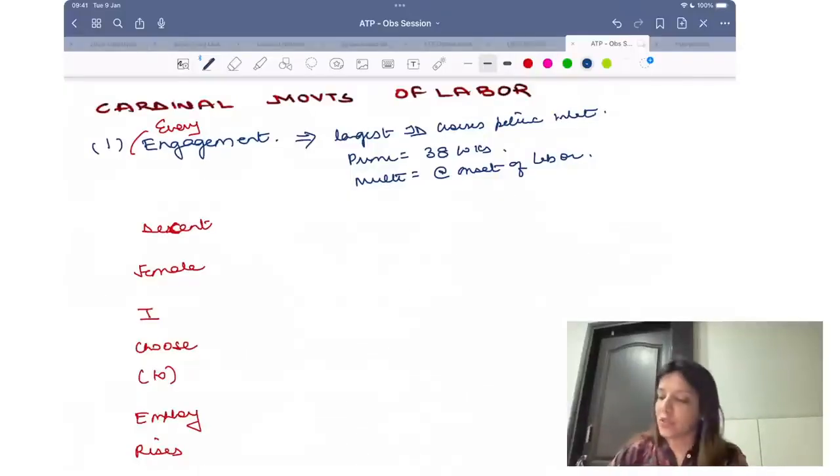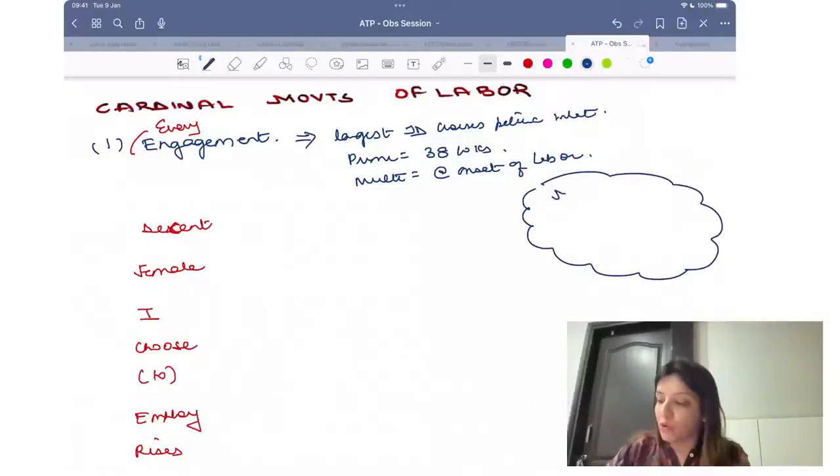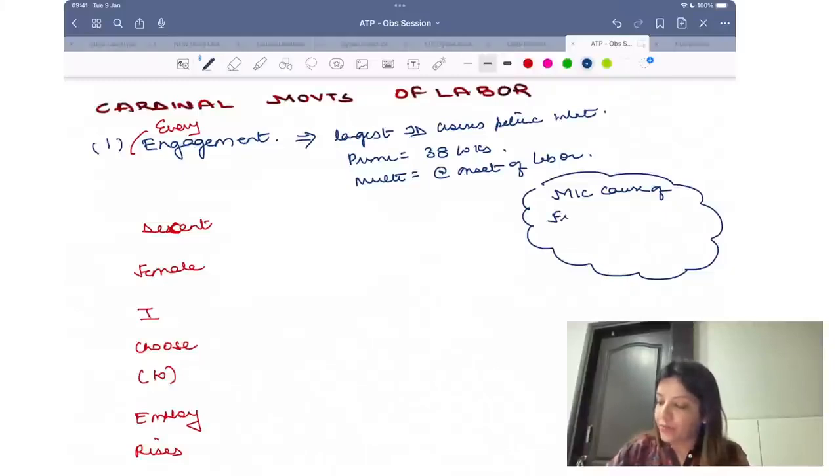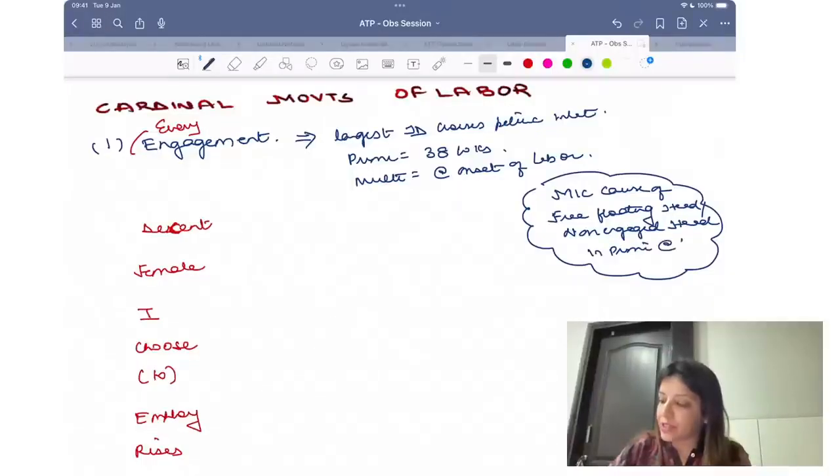Now tell me, regarding engagement, if they ask you a question, what is the most common cause of a free floating head or non-engaged head in a primigravida at term?